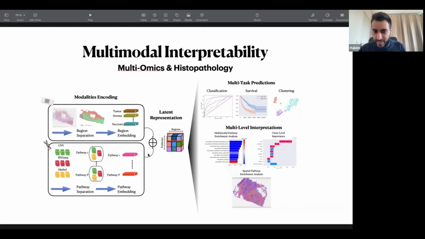Then we unfreeze the multimodal fusion model that brings together the two modalities and creates the tensor-like representation.